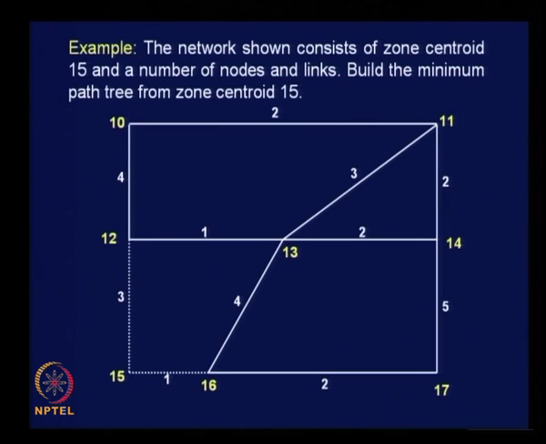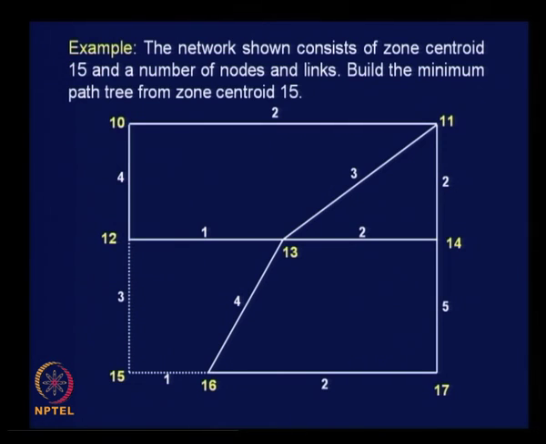Let us consider this simple example. The network shown consists of a zone centroid 15, because you can see the dotted lines connected to number 15, right, and a number of nodes and links. The problem is to build the minimum path tree from zone centroid 15. There are no other zone centroids shown here, right.